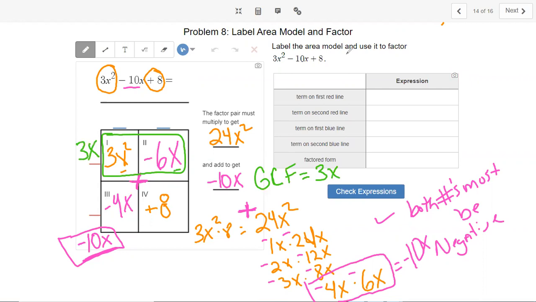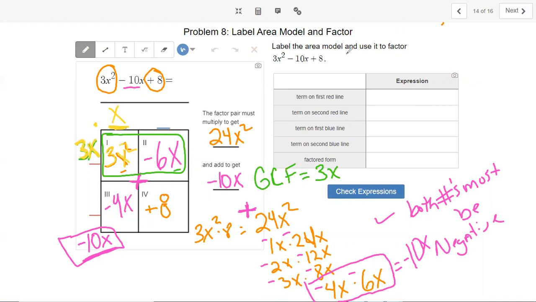Once we've got this, all we have to do is start asking ourselves the question to fill up the line. How do we fill this line in when we're talking about multiplication? Let's do it. 3x times what will give me 3x squared? Well, 3x times x will give me 3x squared.